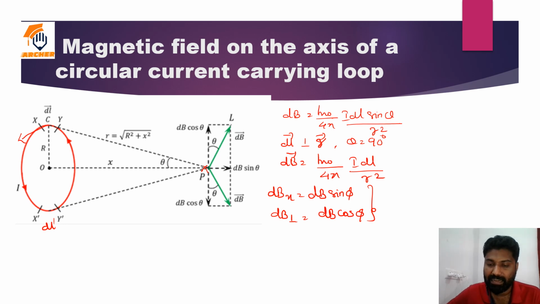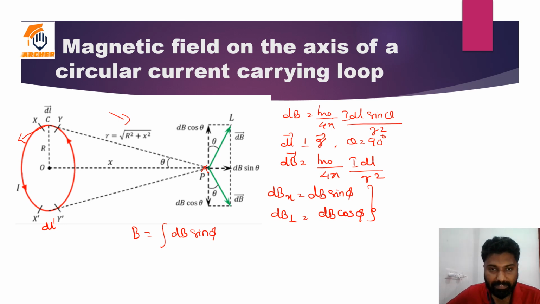So we can write the total magnetic field at the point P in the direction of this CP. Total magnetic field B will be equal to the integral of dB sin phi, right?